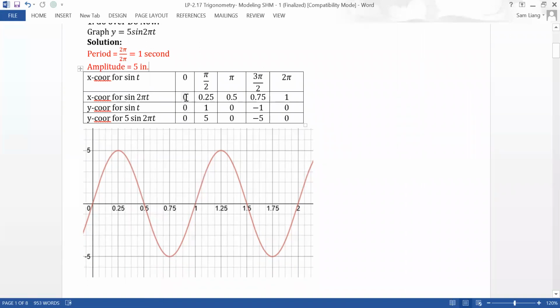So as you can see, the increment is going up by 0.25 each time. So we just go by 1.25, 1.5, 1.75, and 2. And it would follow that same pattern, right? It would go to the max, then 0, then min, 0. But the graph is technically from 0 to 2. Technically, that will be our answer because we want 2 periods.